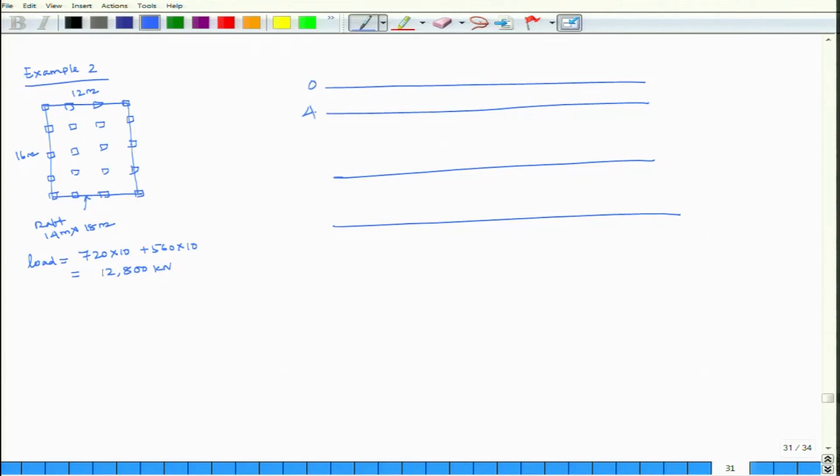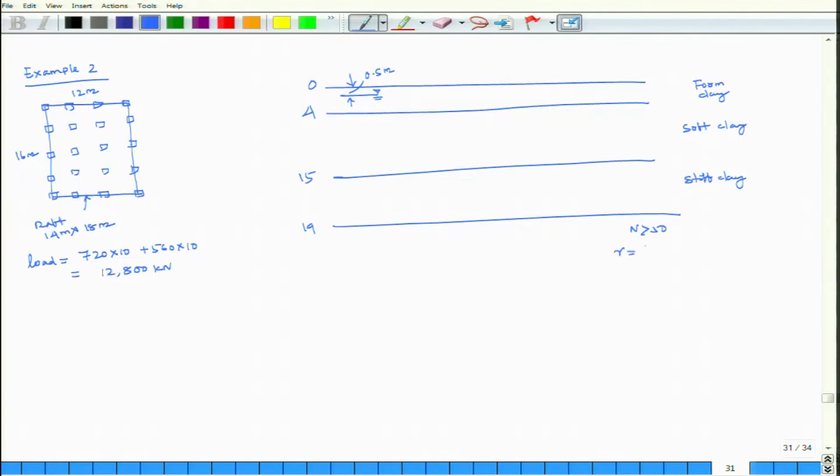This is 0, this is 4, this is 15, this is 19. So, and water table is located at 0.5 meter. This is your delta, and layer 1 is your firm clay, layer 2 is your soft clay, layer 3 is your stiff clay, and N is greater than 50.